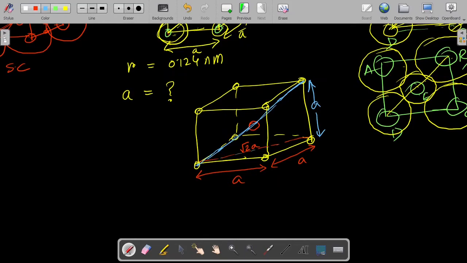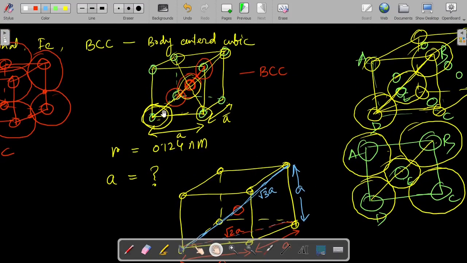This one is square root 2A. So with these two sides given, this diagonal would have length equal to square root 3A, right? As we have discussed, this diagonal has 3 atoms lying one after another.